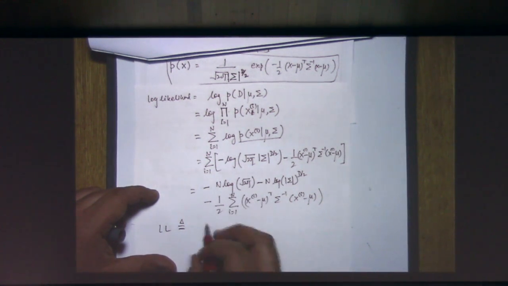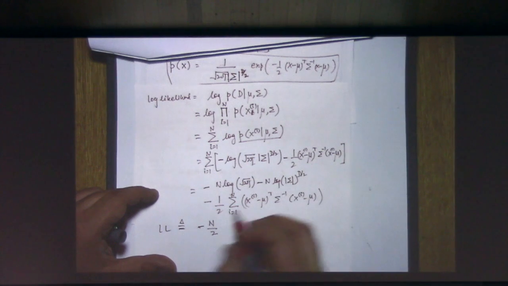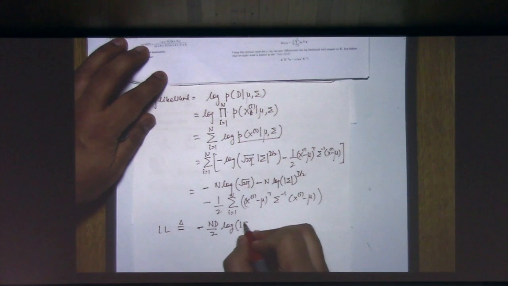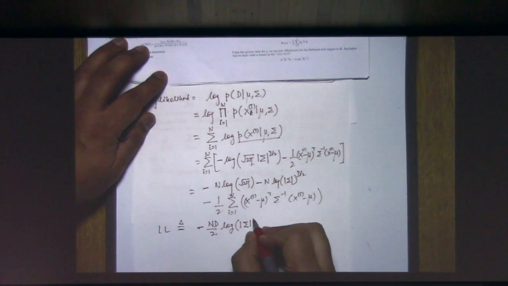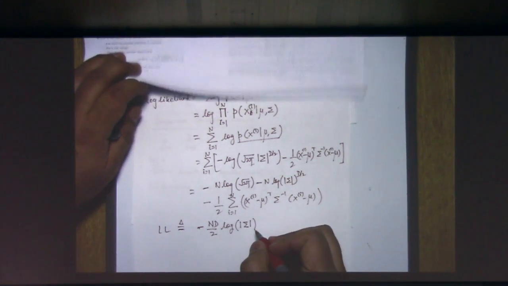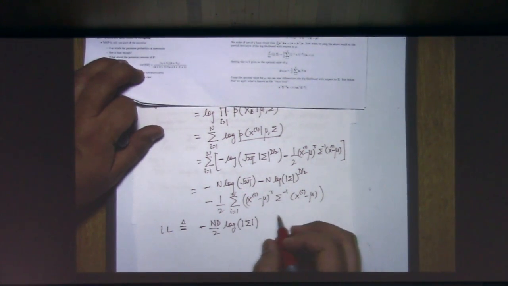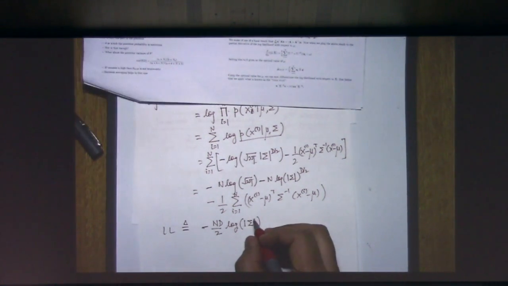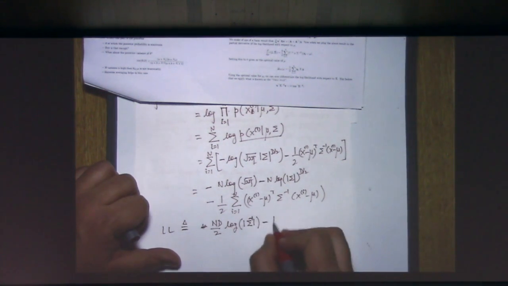So I'm going to take it off, is equal to minus n by 2 d log of this, minus half.